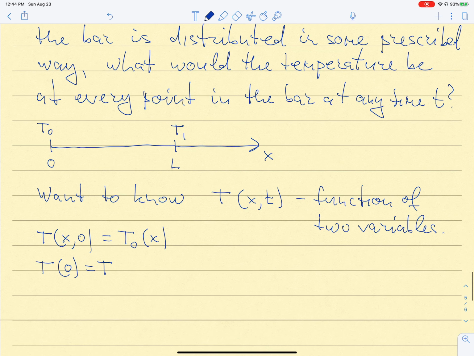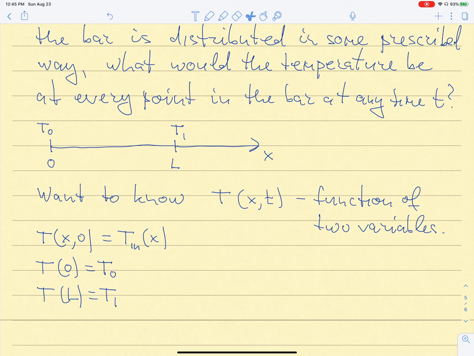Okay, let me change notation here. Call this T initial, T0, that's a constant. T at another end, T of L, is another constant. Right, so we know what the distribution of temperature in the bar is initially. We know that one end, the left end, is maintained at temperature T0, and the right end is maintained at temperature T1.